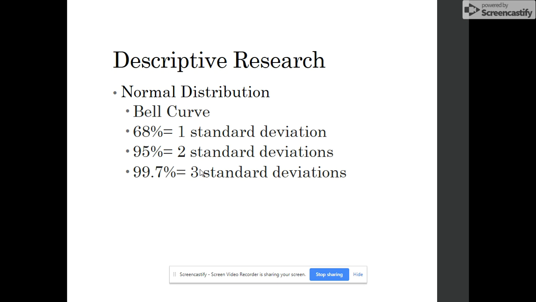It's 2 standard deviations above the average or below, or it's 3 above and below. Always, always, always, 1 standard deviation from the average is 68%. So whatever your population is, whatever the average is, 1 standard deviation, to the left and the right of your bell curve, is 68%.